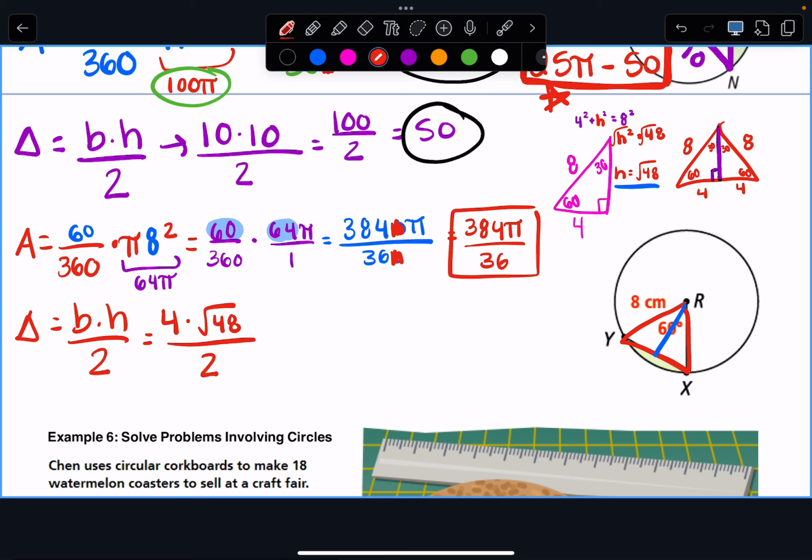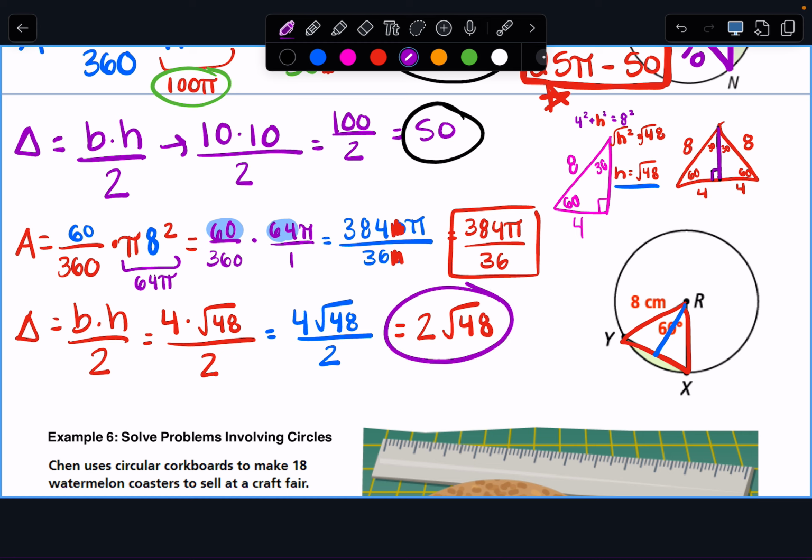All right, let's go ahead, simplify that in our calculators. And when we do, here's what we're left with. I didn't really do too much simplifying in my calculator. We can just leave it like that. Let's simplify the 4 and the 2. If that was a fraction on its own, we can divide them each by 2. And we are left with 2 square root of 48.